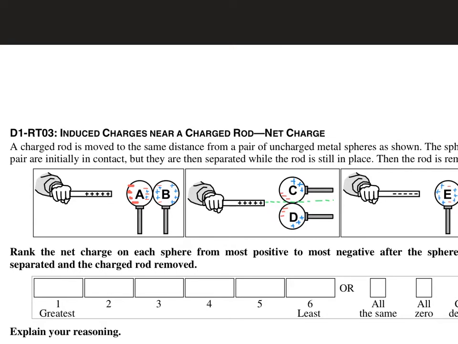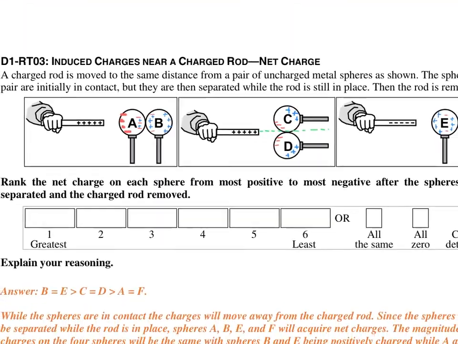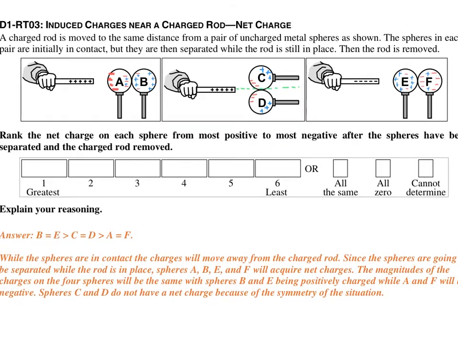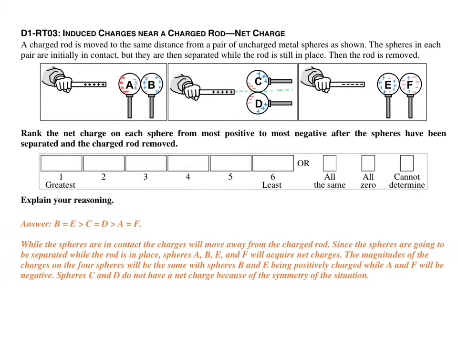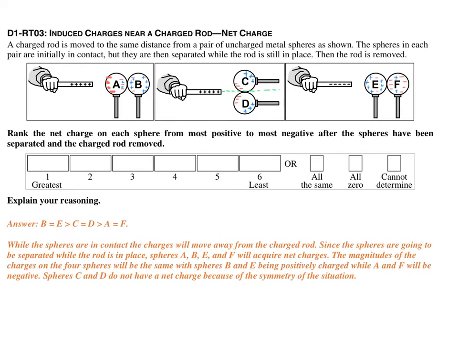B and E would be identical, we would assume, which means A and F would be the most negative, and C and D would be neutral. So you have, I gotta get this centered.